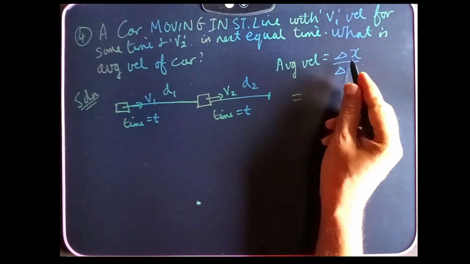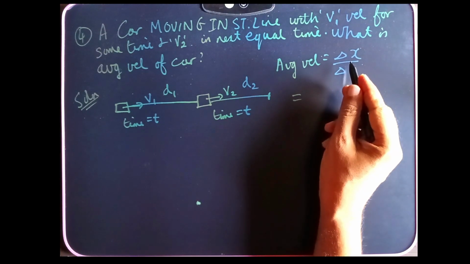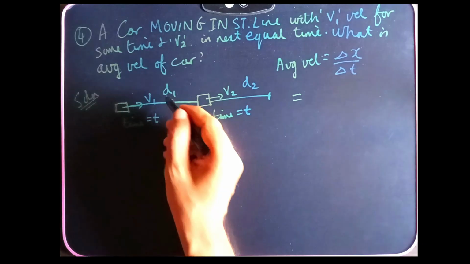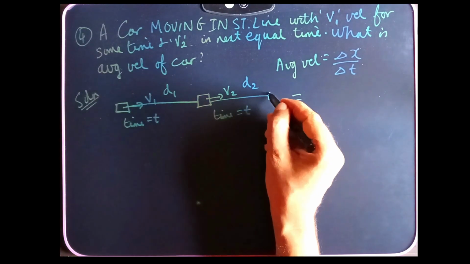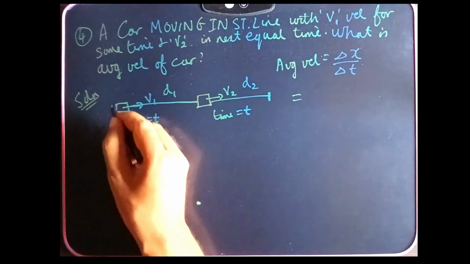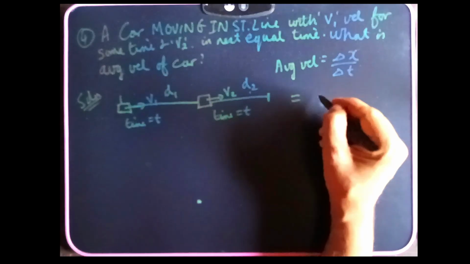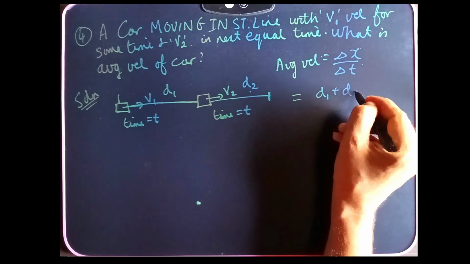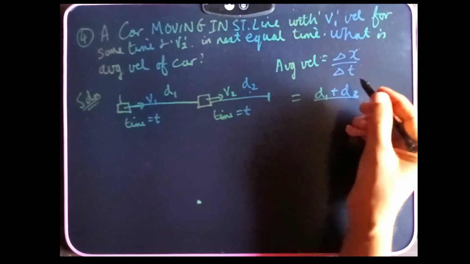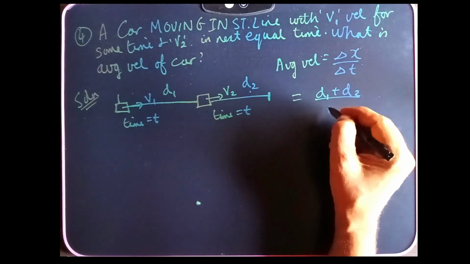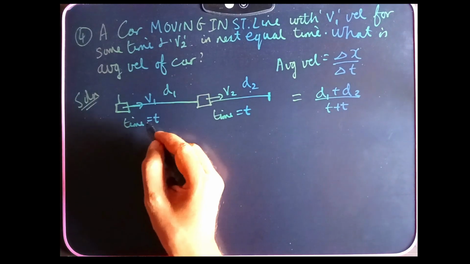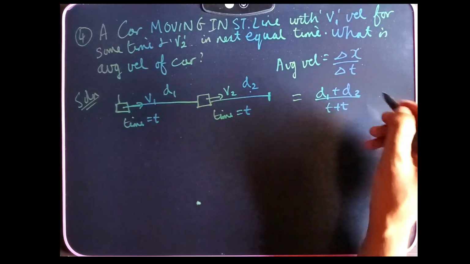The change in displacement is d1 plus d2, the final position from the origin. The total time taken is t plus t, since it said equal time.